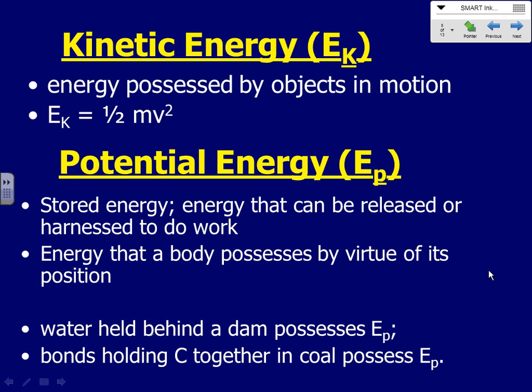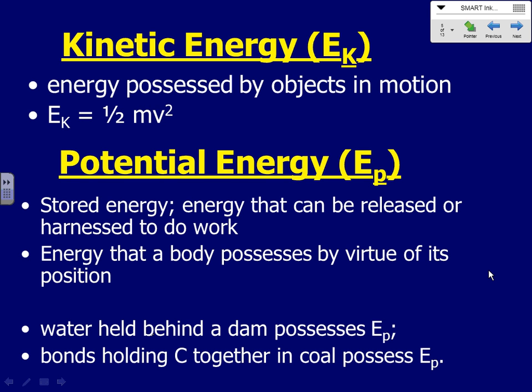When it really comes down to it, though, you really only have kinetic energy and potential energy. And then light is carrying some energy too. You could argue that as being a form of kinetic energy because the light is moving along through space. Let's not worry about light at this point in time. But when it comes right down to it, you really only have two forms of energy.